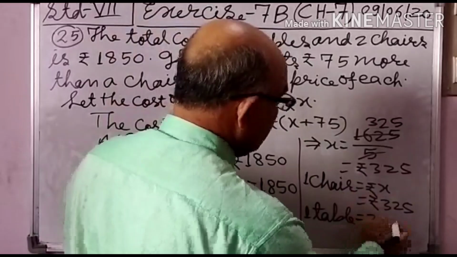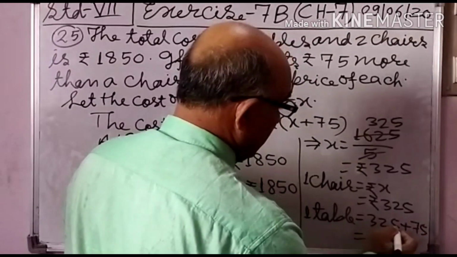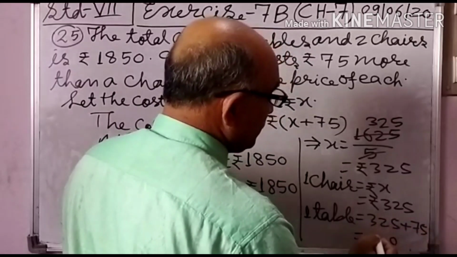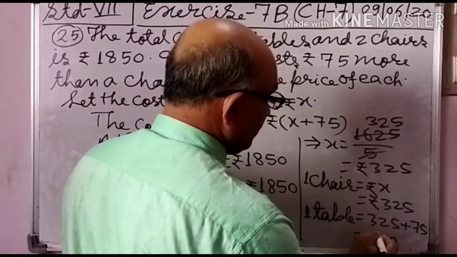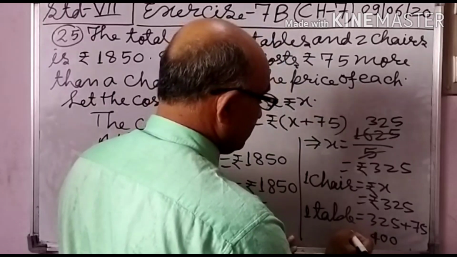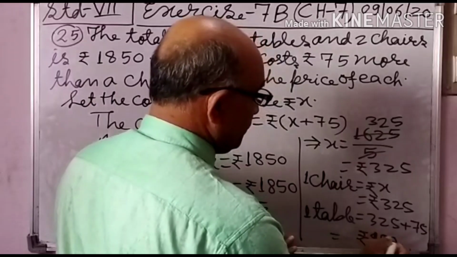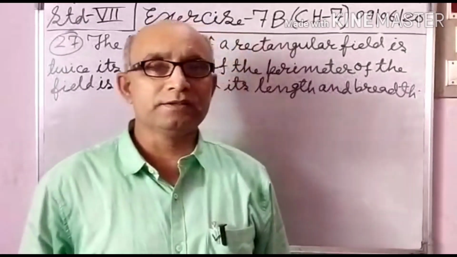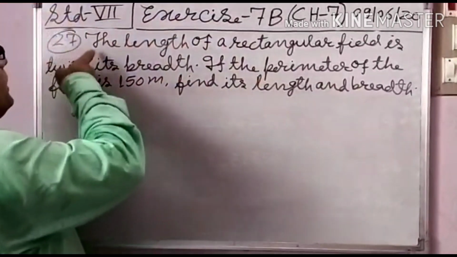So 325 plus 75: 5 plus 5, 10, write 0; 7 plus 2, 9, 9 plus 1, 10, write 0; 3 plus 1, 4. Equal to rupees 400. Answer. Write it.